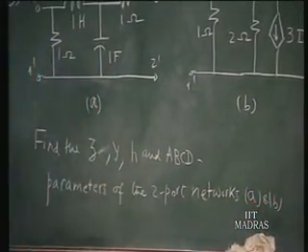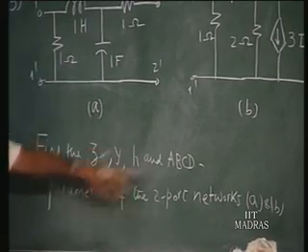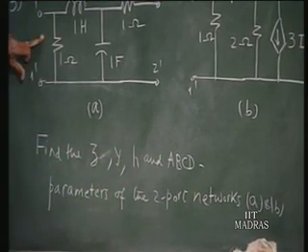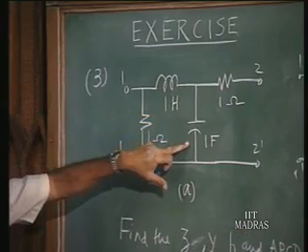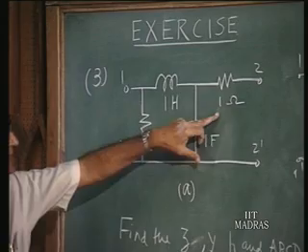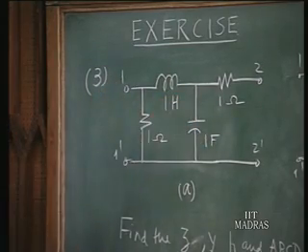For each one of these, you find the Z, Y, H and ABCD parameters. First network consists of 1 ohm resistance, 1 henry inductance, 1 farad capacitor, 1 ohm resistance, a ladder network.